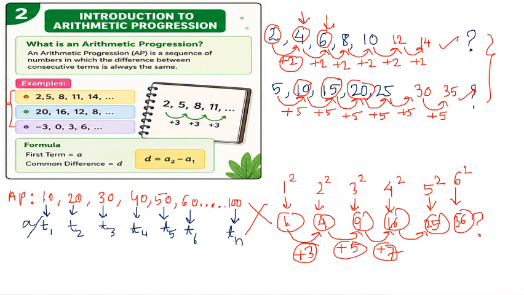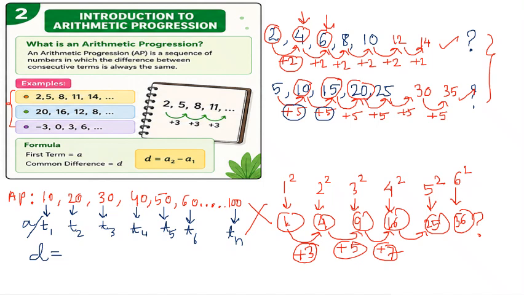Now coming to another point, which is the common difference. What is called the common difference? Here, if you have observed, the difference between two consecutive numbers is 5. So the common difference is always the next term minus its previous term, the one which follows it.